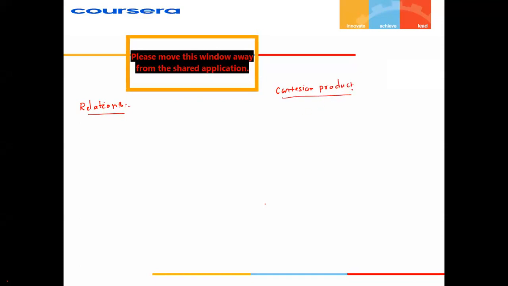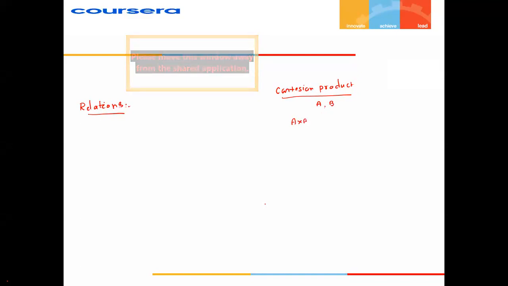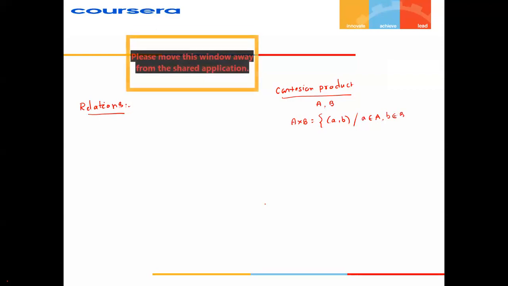Suppose there is a set A and a set B. Then we have a collection of elements A comma B, where A comes from the first set and B from the second set. A cross B is a collection of pairs, actually ordered pairs, where the first element comes from the first set and the second element from the second set. This is what we call the Cartesian product.